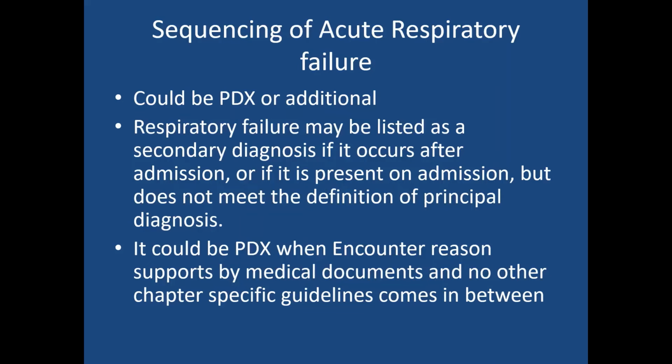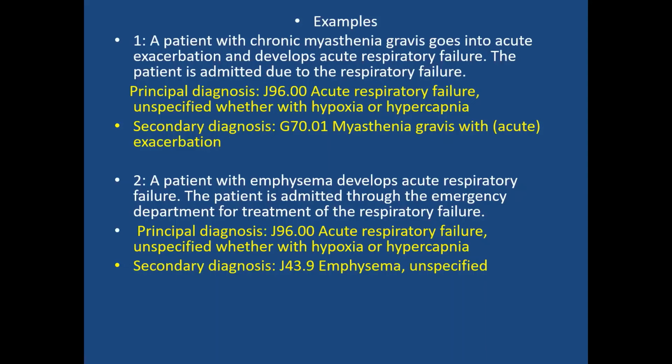Examples: 1. A patient with chronic myasthenia gravis goes into acute exacerbation and develops acute respiratory failure. The patient is admitted due to the respiratory failure.